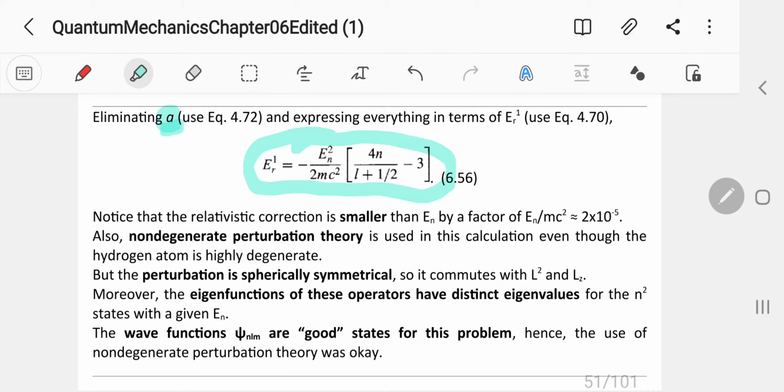But the perturbation is spherically symmetrical, so L squared and Lz will commute due to spherical symmetry. Moreover, the eigenfunctions of these operators have distinct eigenvalues for the n squared states with the given En. The wave functions are good states for this problem, hence the use of non-degenerate perturbation theory was okay.